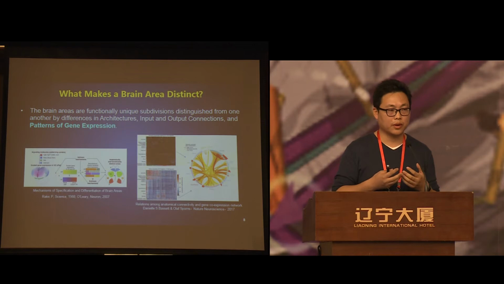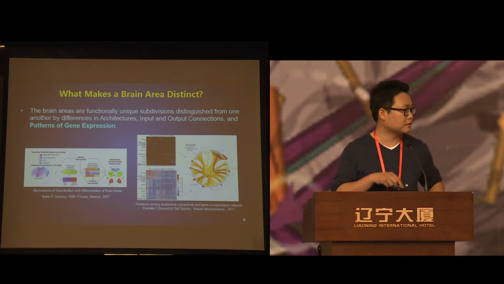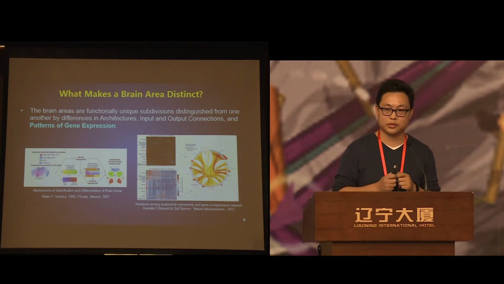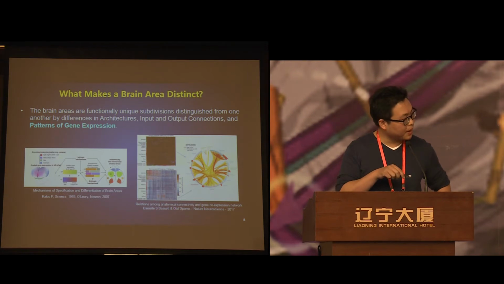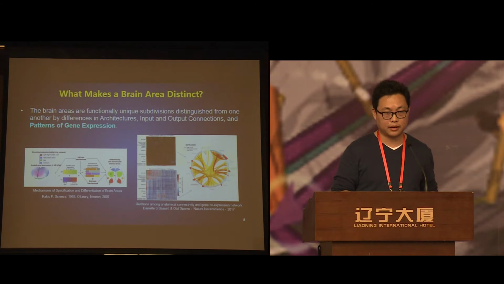It means that when we finally get the mosaic of the brain areas, lots of genes play very important roles in this process. Recently, one paper was published in Nature Neuroscience. They compared the functional connectivity pattern with the gene expression data from the Allen Brain Institute. They found a very close relationship between the two kinds of information, the gene expression and the connectivity.